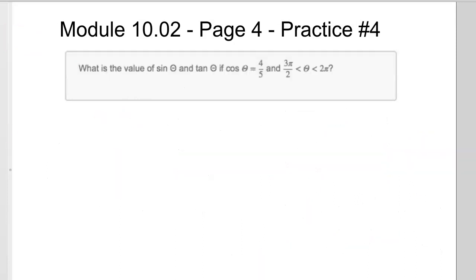All right, last question is practice number 4. What is the value of sine and tan if cosine theta is 4 over 5? And, okay, so we do have a restriction, and there's 2 ways you can go about this.